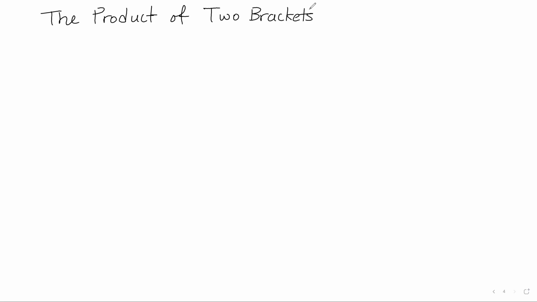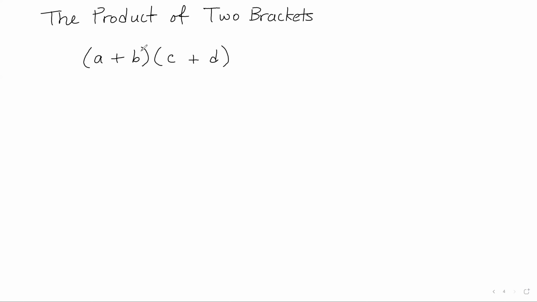So the product of two brackets, it's like if you have one pair of brackets, A plus B, by another pair of brackets, C plus D, right? So the strategy here is that each term in the first pair of brackets must be multiplied by the entire second bracket.